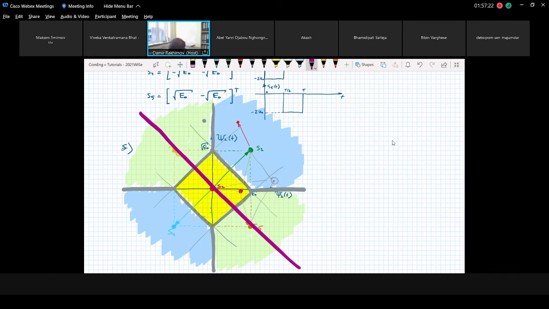This will be the optimal boundary between S1 and S4. But if you look at where this boundary is located, it will go directly through points S2, S5, and S3, and you have to take into account these other symbols as well.